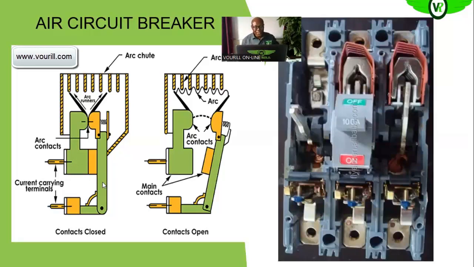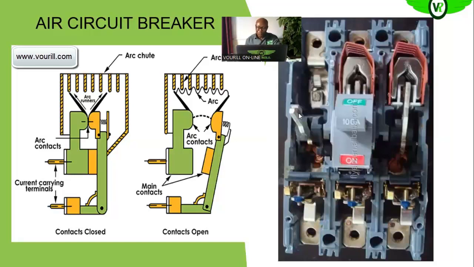So it is when the arcing contact starts opening that the formation of arc will start. And as the arc starts forming, it will be pushed into the arc chute that will help to extinguish the arc.